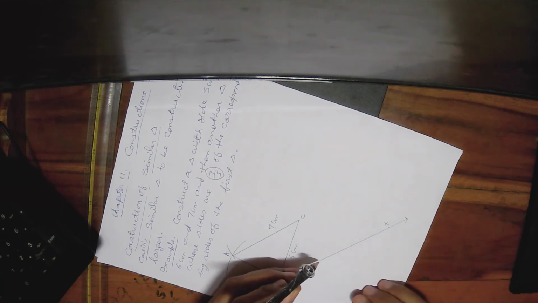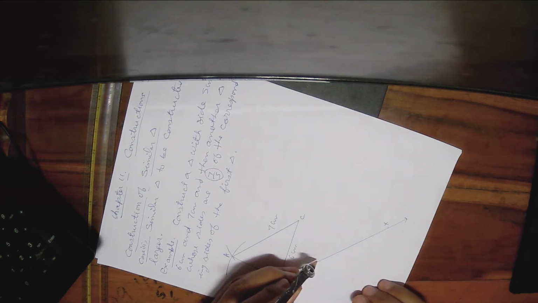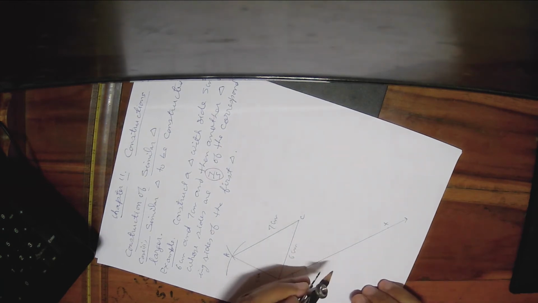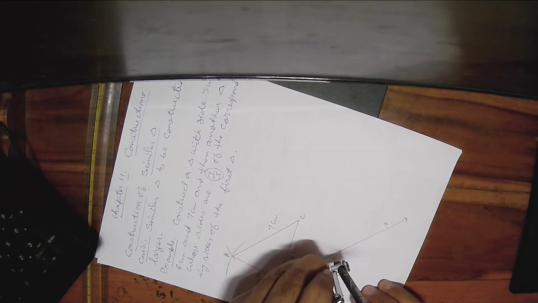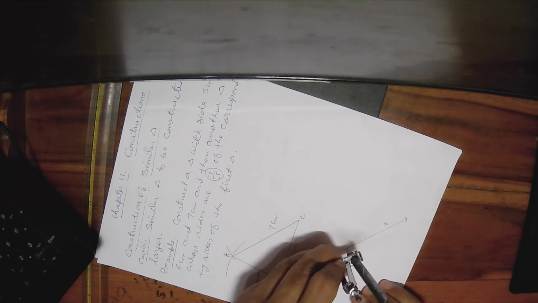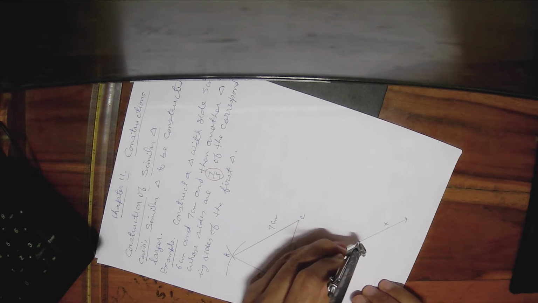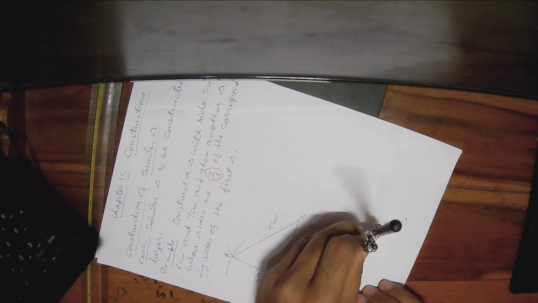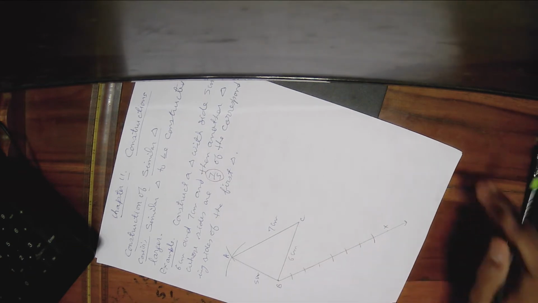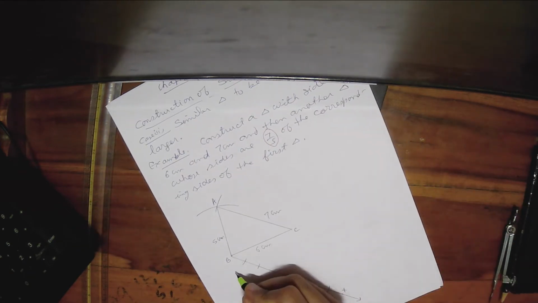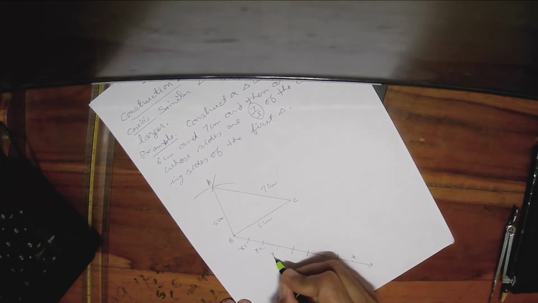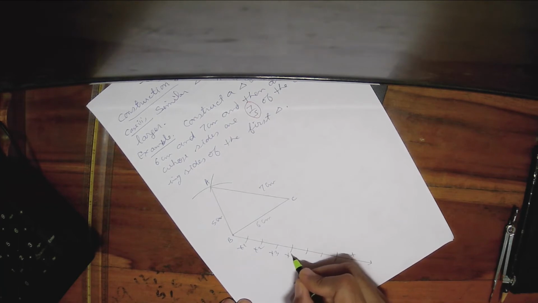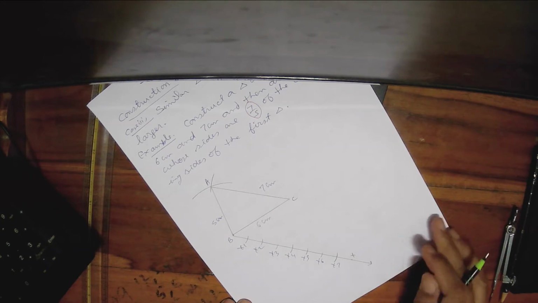From here this is the third, 4, 5, 6 and 7, and just mark them as x1, x2 till x7. So this is x1, x2, x3, this is x4, x5, x6 and x7.